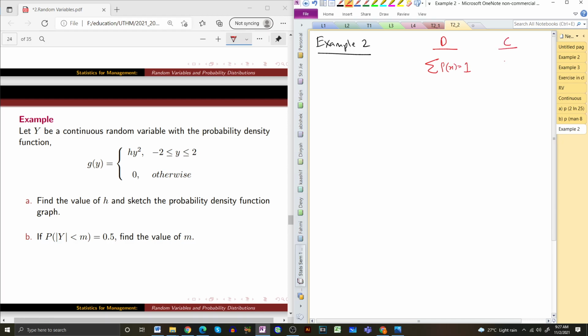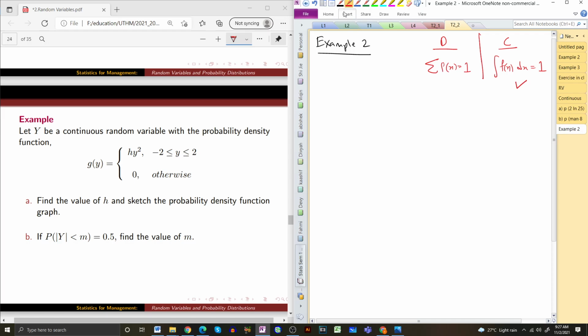Same goes here for continuous, the sum in terms of integration is equal to 1. So in discrete we use this one, in continuous we use this one.